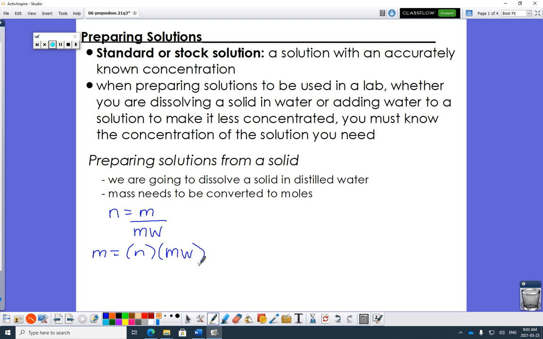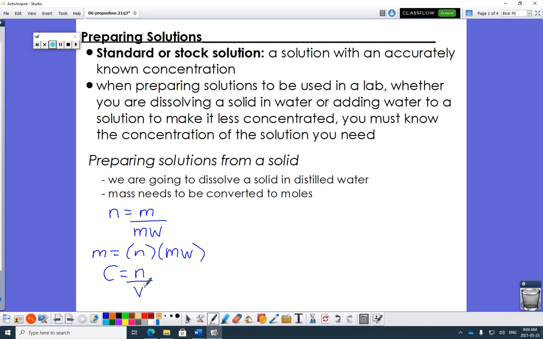But normally we don't store the solutions, or we don't think about the solutions just in terms of moles anymore. So now we're going to think of them as concentration, which is moles per liter. So then you need this formula from yesterday as well in order to change concentration and volume into moles.